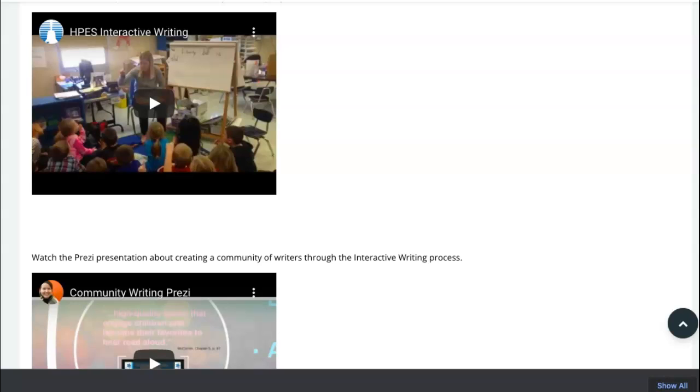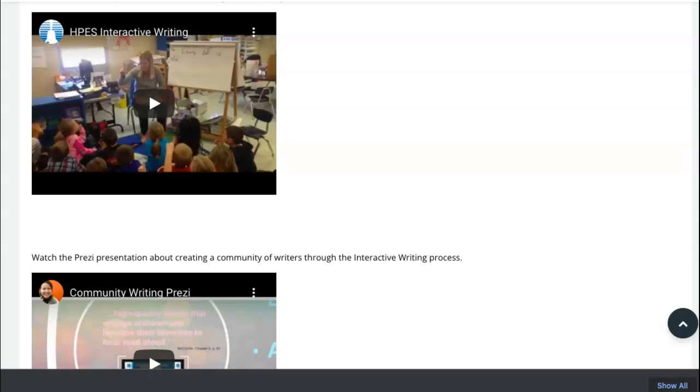The final element is rereading the text during construction. During the construction of the text, the teacher and the children are rereading what they've already written to decide where to put the next word. They're saying each word slowly to hear the sounds in the word.